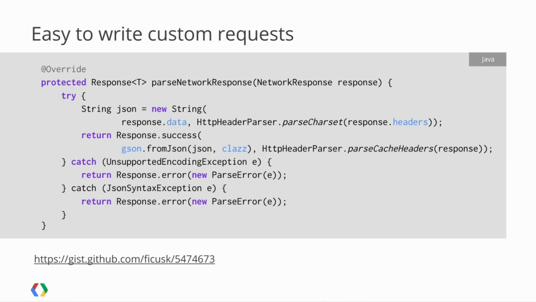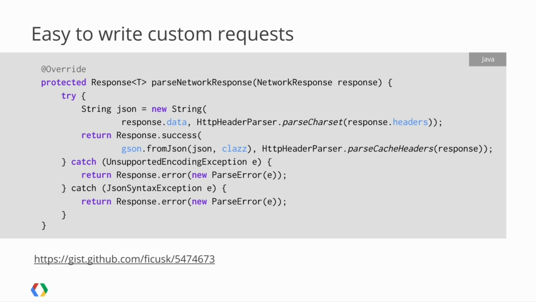OK. So the image stuff, I think, shows that Volley handles the basics out of the box pretty strongly. But I also want to show what happens when you run out of the toolbox and you need to roll your own. We have a toolbox, but it doesn't include everything. But it's really easy to extend. So let's take a look at making a new type of request.